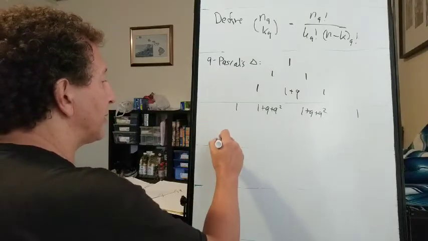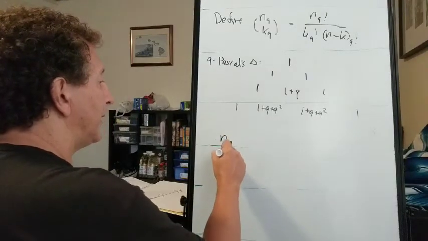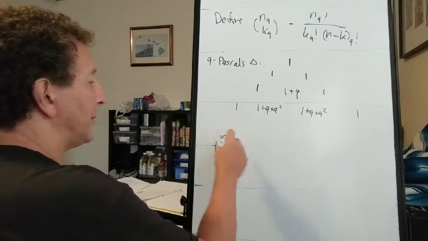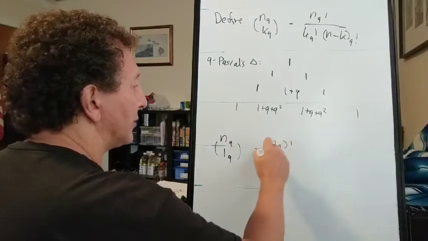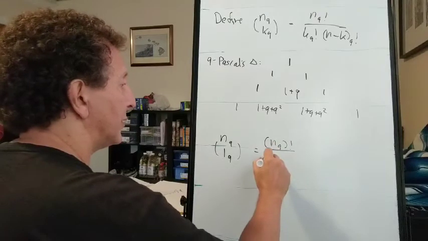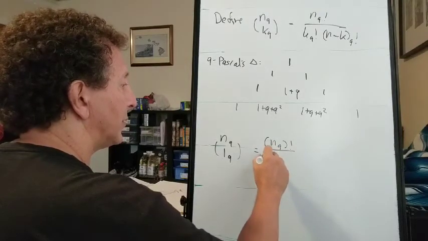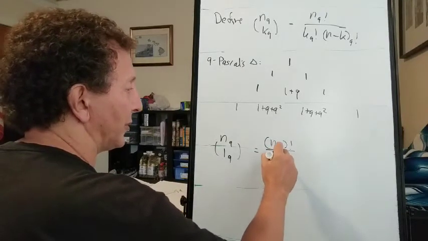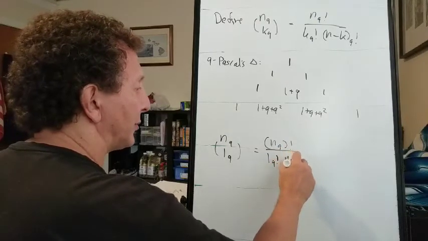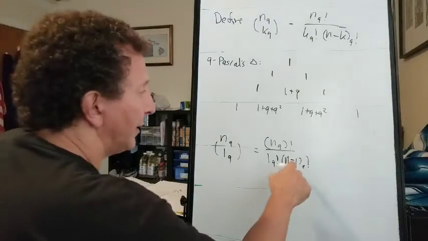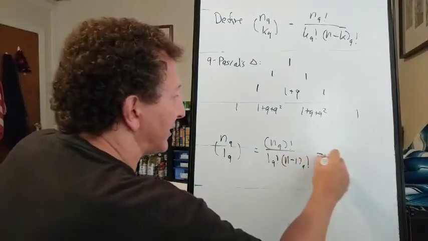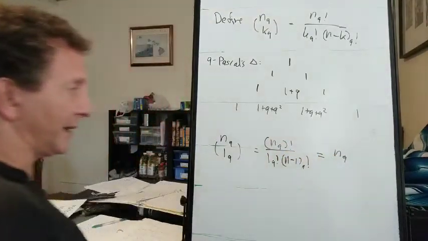I guess in general, if we have quantum n choose quantum 1, that's going to be quantum n factorial over quantum 1 factorial times quantum n minus 1 factorial. We'll get a lot of cancellation here, leaving us just with quantum n on top.